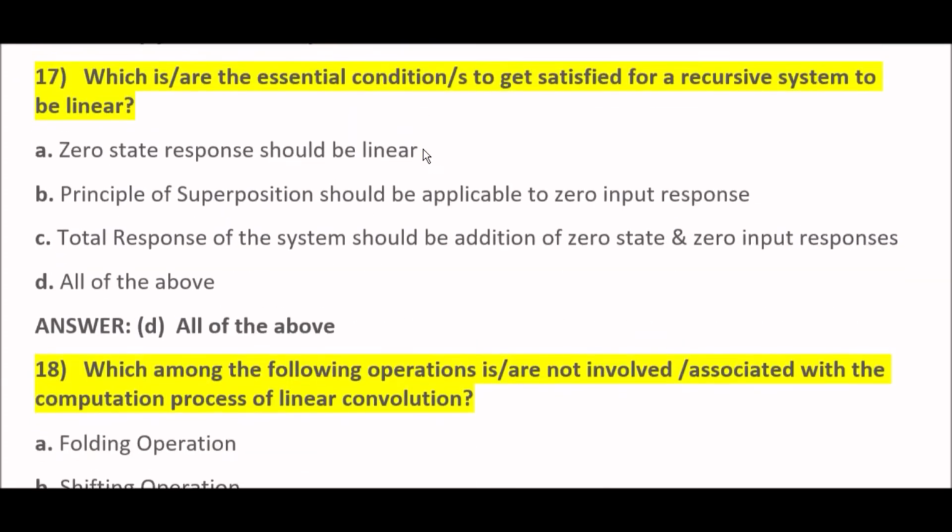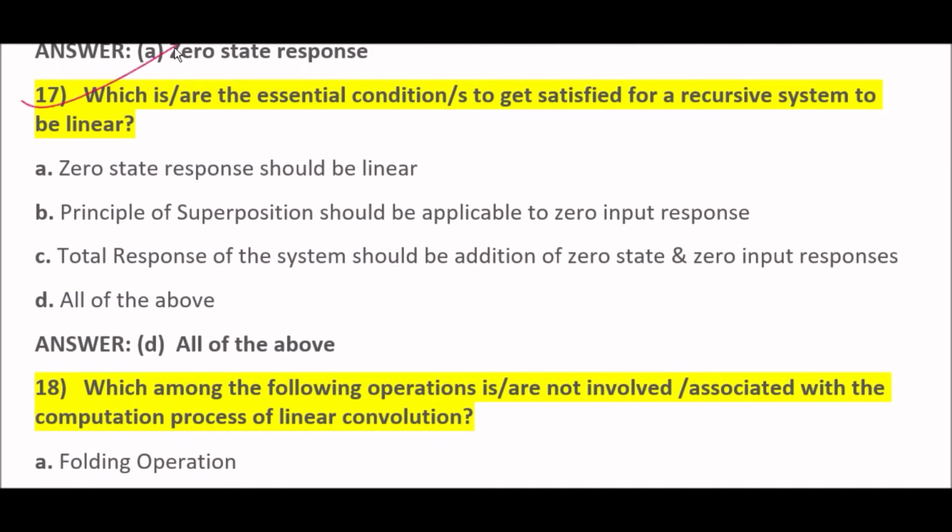Next question. Which are essential conditions to get satisfied for a recursive system to be linear? This is very important question. So conditions are, first one, zero state response should be linear. It's correct. And second one, principle of superposition should be applicable to zero input response.